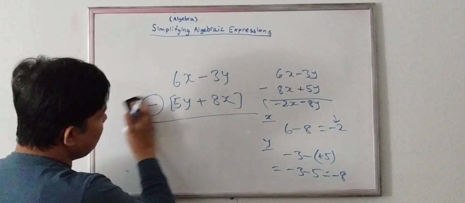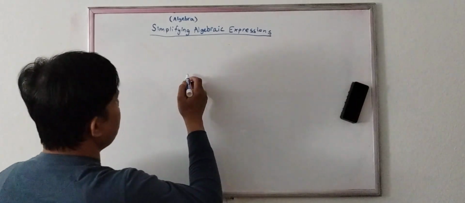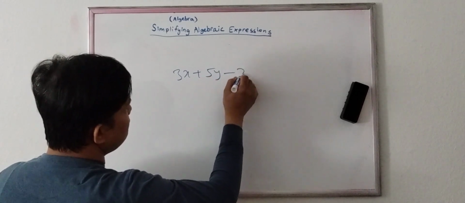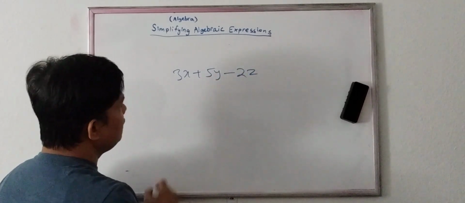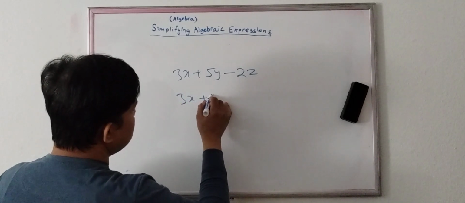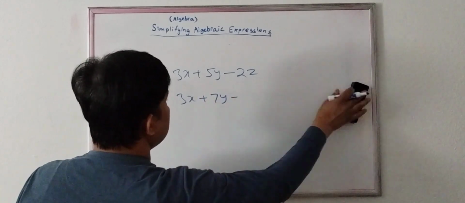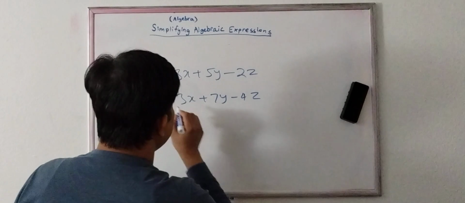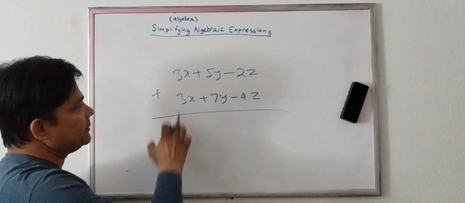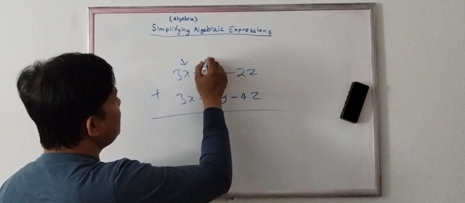Okay. Now what if we have more than 2 variables, say 3x plus 5y minus 2z, and then 3x plus 7y minus 4z. It's the same. It does not matter how many terms there are in the given expression.